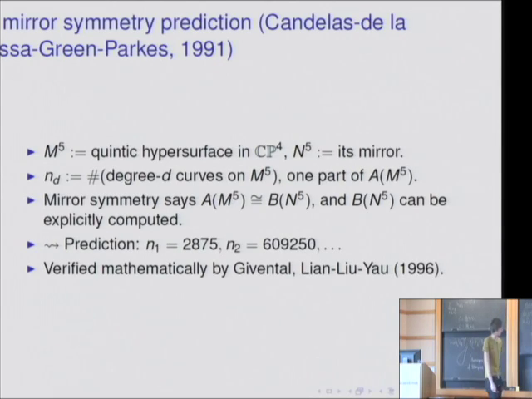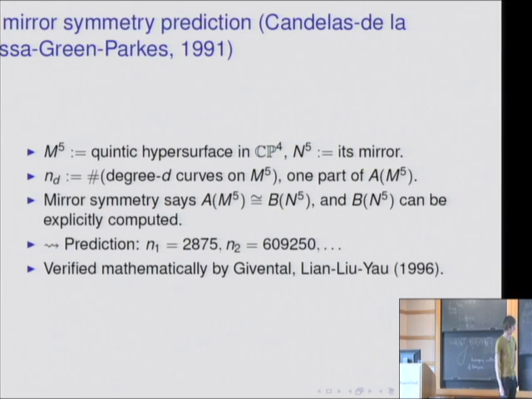According to mirror symmetry, this part of the A model should correspond to part of the B model of the other manifold, and that's just periods of holomorphic differential forms. That's something you can just write down. They audaciously made the prediction that mirror symmetry gives the correct answer. The number of lines on a degree 5 hypersurface in CP4 is 2,875. The number of conics is that, and so on.